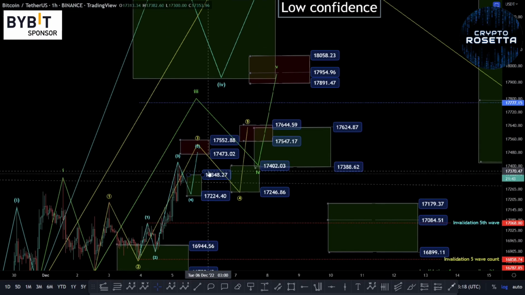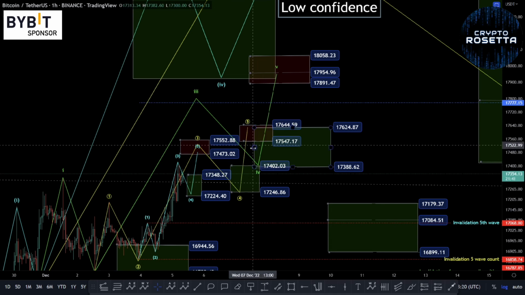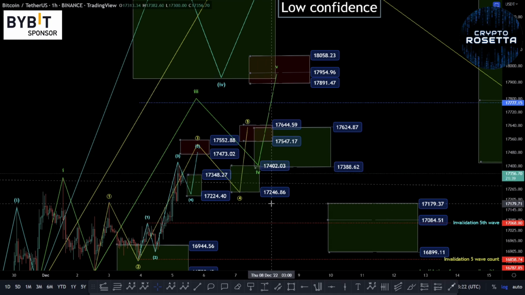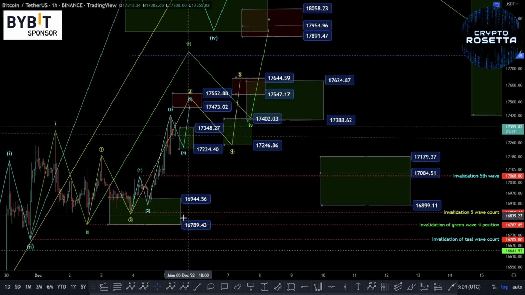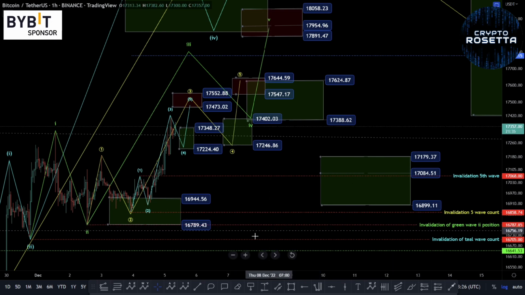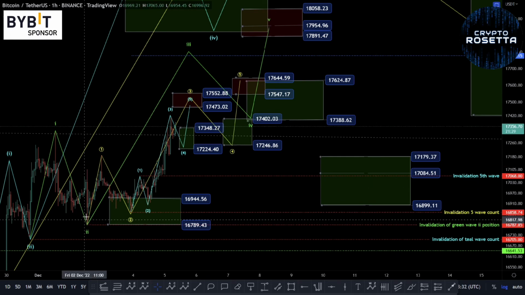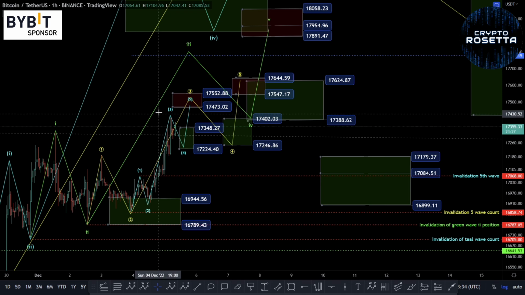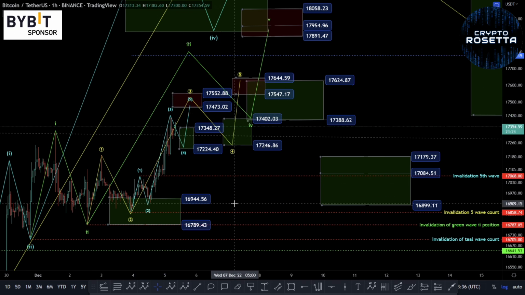So we would have to just keep an eye on it and make sure that we don't cross into there. Though there could be further extensions within this, and as long as we don't cross this 16,705, what we could then have is that this is all a 1, and then we come back into a deeper retracement for 2, and then we start to progress up.